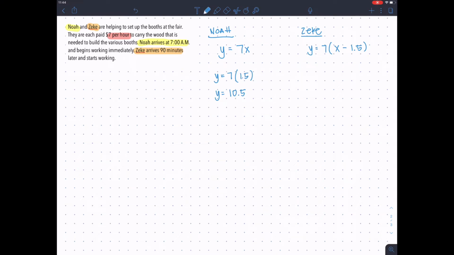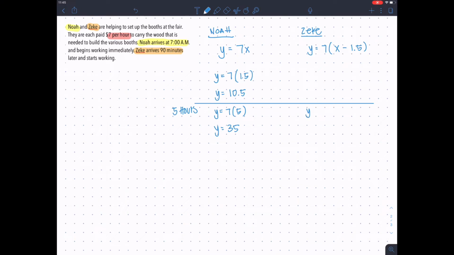So let's see how much each of these guys would make at noon. So at noon, that would be 5 hours after Noah arrives. So 5 hours. So I'll plug it into Noah's equation. 7 times 5. $35.